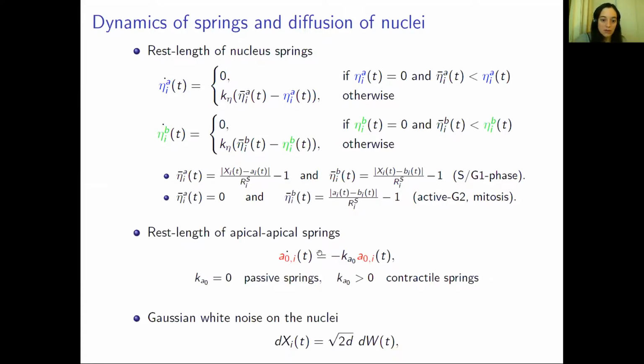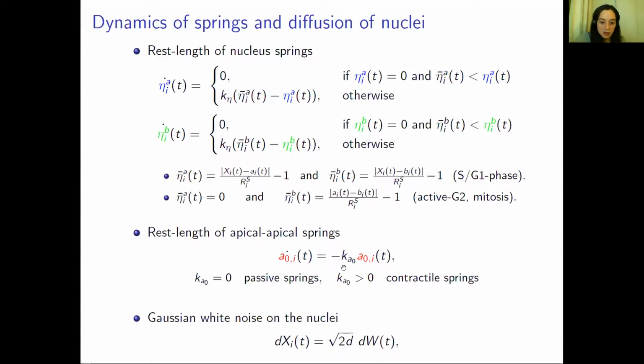Also, for the apical spring we consider this evolution for the rest length, where the rest length will converge to 0 exponentially fast. We will consider the case of passive springs, where the rest length is always 0, or contractile springs, where the rest length converges to 0.